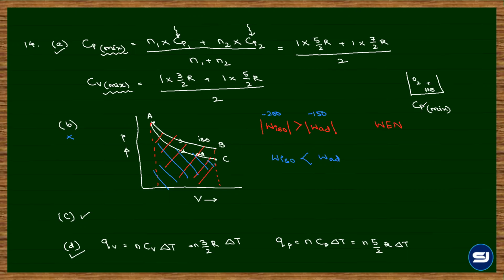Partial molar capacity, similar to the partial pressure concept. Moles of first into its heat capacity plus moles of second into its heat capacity, divided by total moles. That is, mole fraction of first into C_P1 plus mole fraction of second into C_P2. Just that concept is applied.